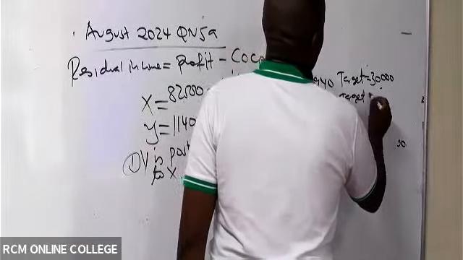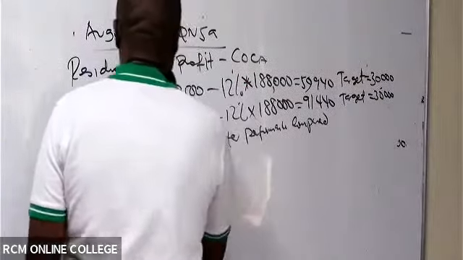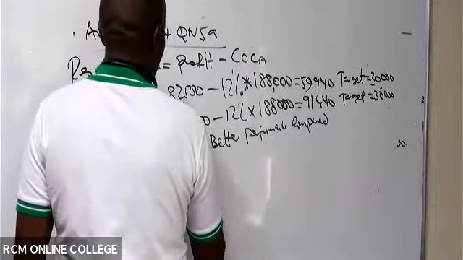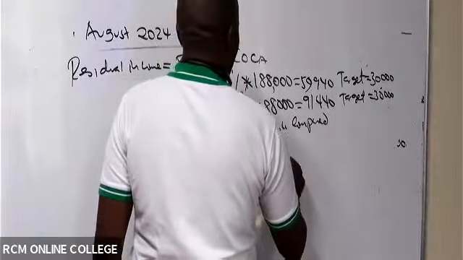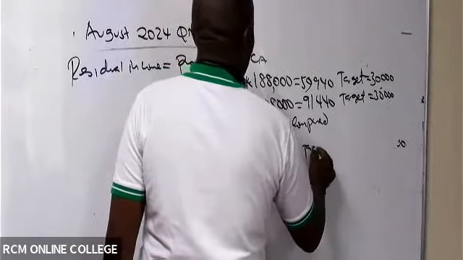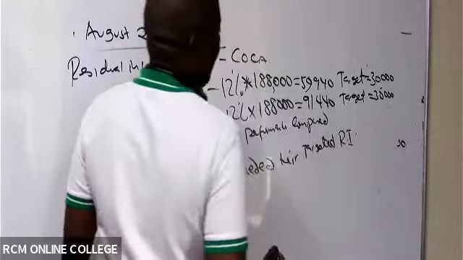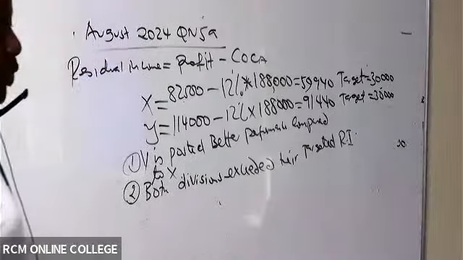So both divisions exceeded their targeted residual income. And then you say dash there, very good performance.